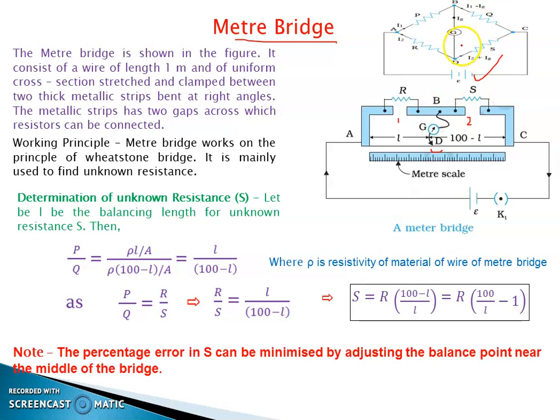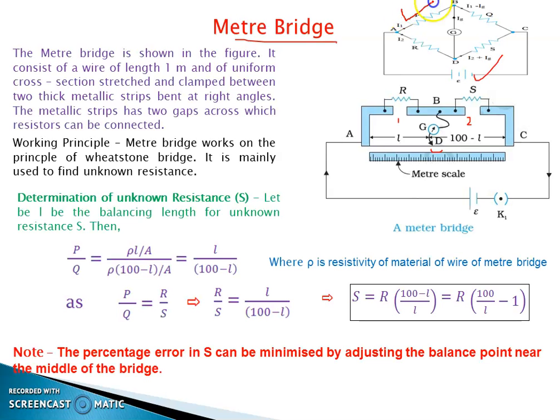This is the Wheatstone bridge. The first resistance is R, that will take the place of P, right? Second S, it will take the place of Q. Now what is R? R is the resistance of this portion of the wire. And what is S?